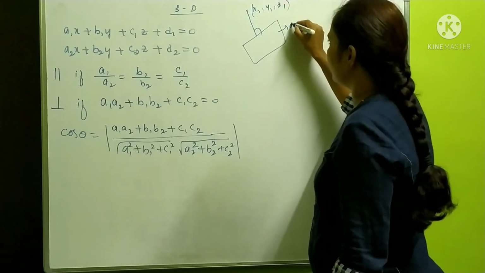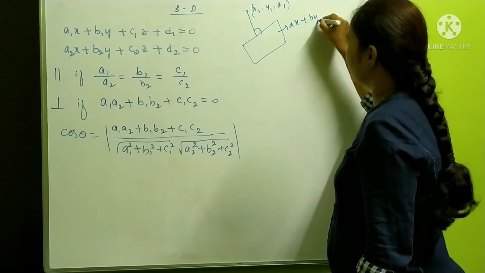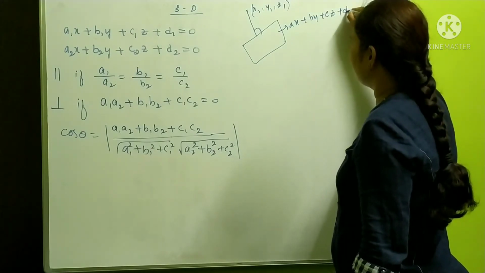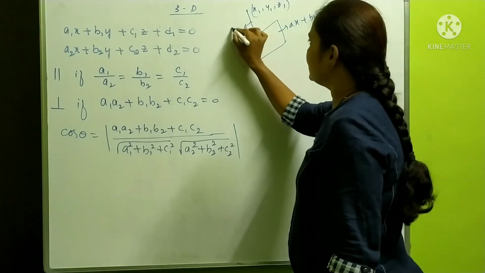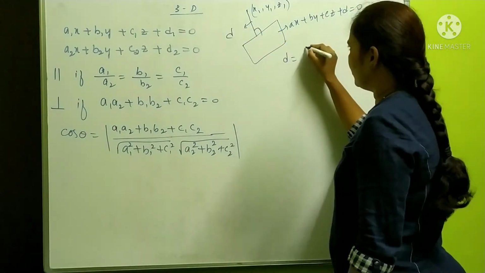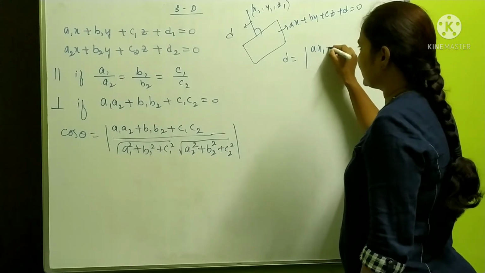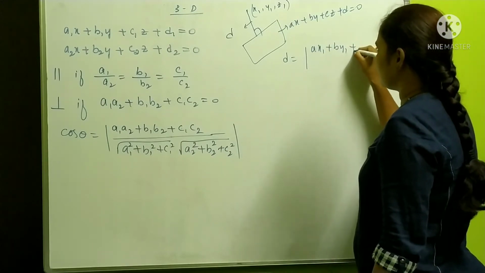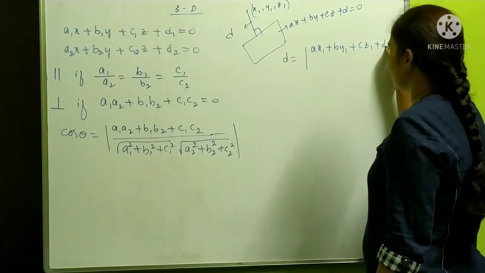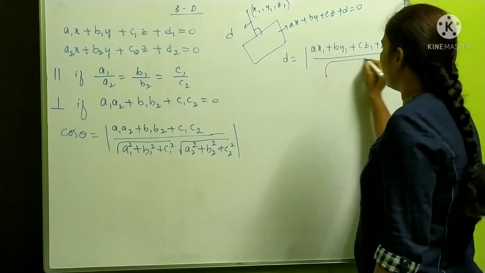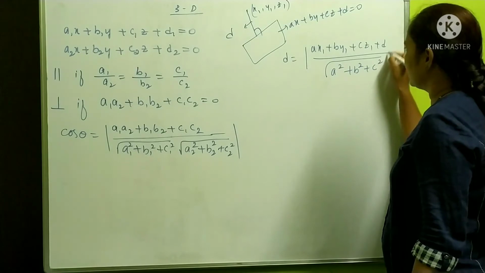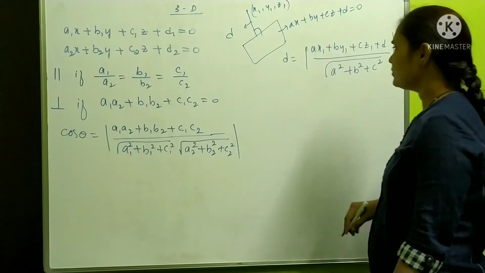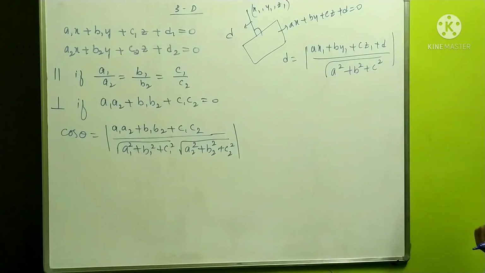Distance from point to the plane ax plus by plus cz plus d is equal to 0 is D equal to modulus of ax1 plus by1 plus cz1 plus d divided by root over a square plus b square plus c square. This is how you can find the distance from point to the plane.